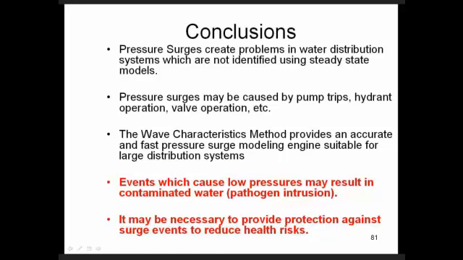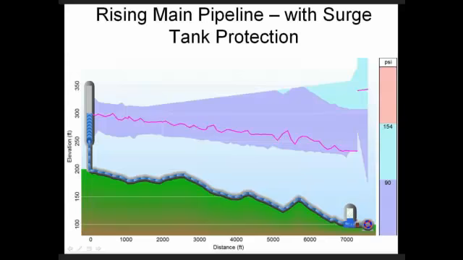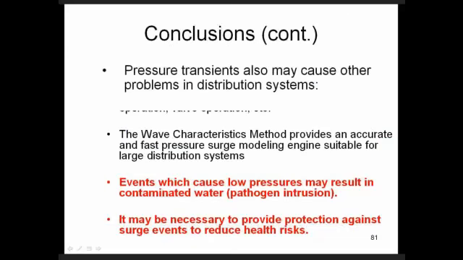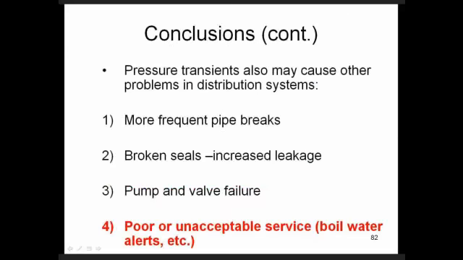If you have dead-end pipes and you have larger pipes going into smaller pipes with pressure waves coming in, you may very well have a problem. You can get more frequent pipe breaks, pump failures, broken seals, all these bad things can happen.